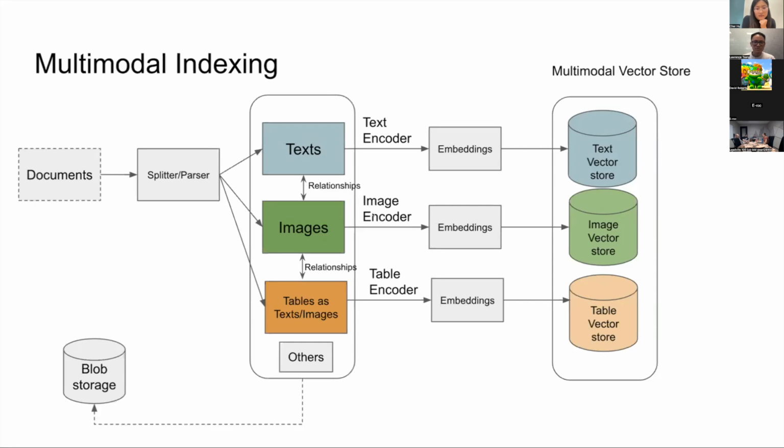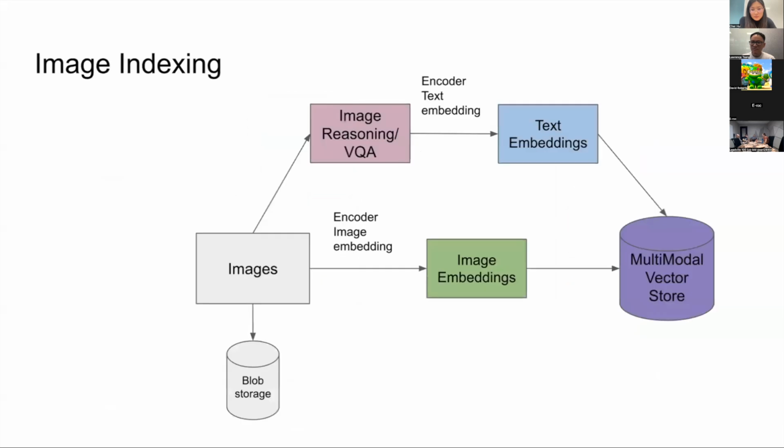We're talking about encoders in a pretty generic way, and we'll talk specifically about what it means to do image encoding. In terms of the storage system, you can store these text, images, and arbitrary objects in a vector store if you have embeddings associated with them. And of course, the raw objects like the images can be stored in blob storage, some sort of object store, like a key-value store, in addition to the vector store.